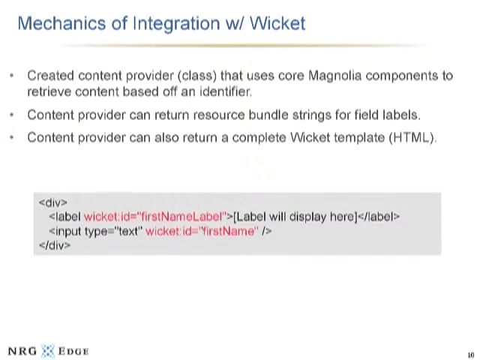And what we've done is created a content provider class. The content provider can return a resource bundle string for field labels and can also return a complete Wicket template. That's really important because this little div here is very flexible and can return for you exactly what you need.